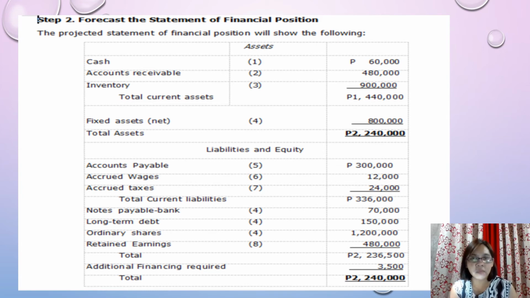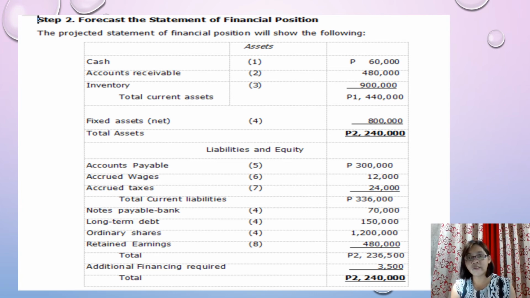And then yung accounts receivable na 480,000, yan po ay 20% ng 2,400,000. And then yung inventory, which is 900,000, yan naman po ay 37.5% ng 2,400,000. And then ito total lang natin para makuha yung total current assets.